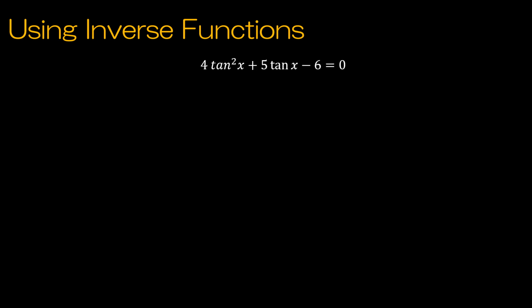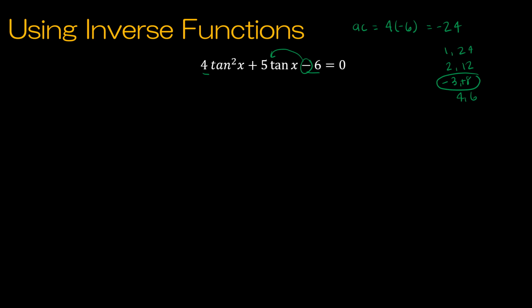If I'm not so good at factoring, I'm going to use that amazing factoring where I take a times c. That's 4 times negative 6, which is negative 24. I then look for factors of 24: 1 and 24, 2 and 12, 3 and 8, 4 and 6. I'm looking for a difference of positive 5. So a negative 3 and a positive 8 would have a difference of positive 5.